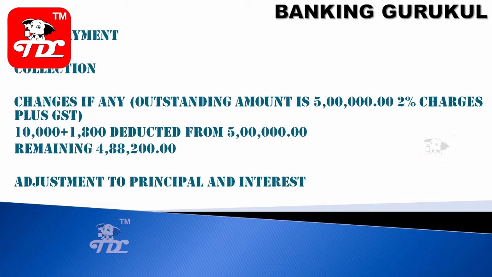If charges are there, in my example I have given 2% charges, then if he is paying 5 lakhs, 2% is 10,000 rupees and GST is 1,800 rupees. So total you have to collect 5 lakhs from the customer and you have to remove the charges. The remaining 4,88,200 rupees should be credited to the loan account. During credit, this amount will be adjusted to the principal and interest.